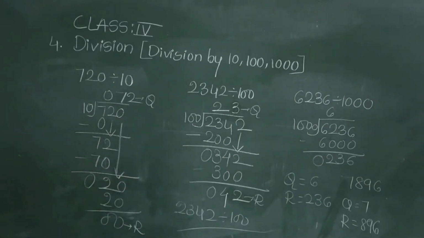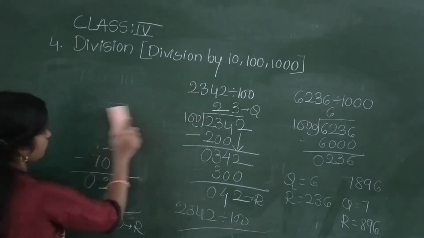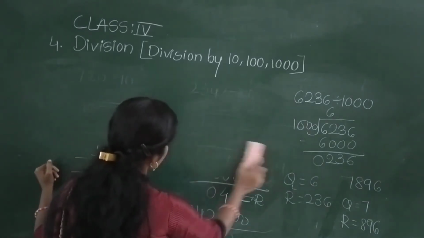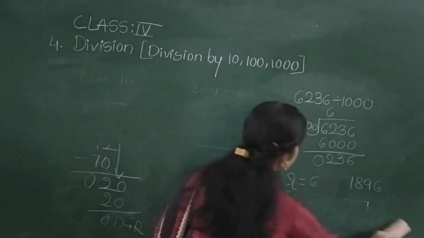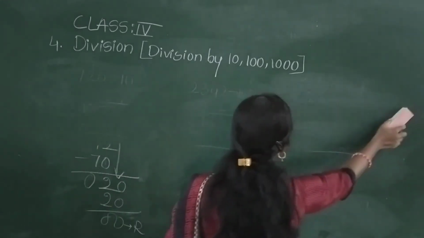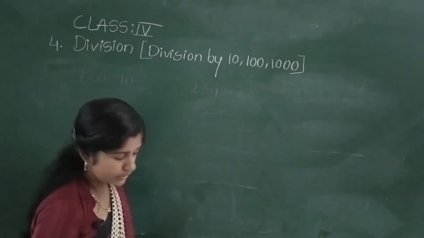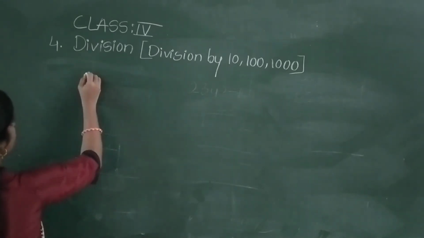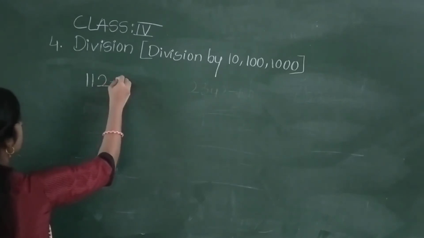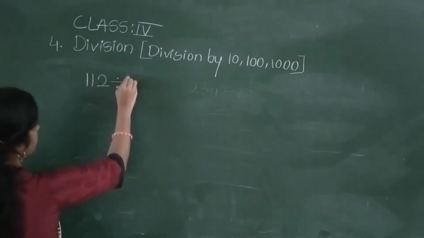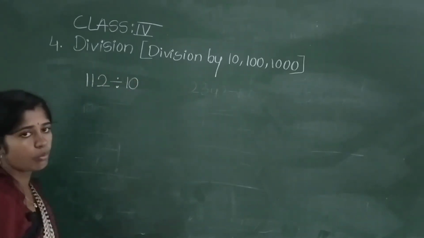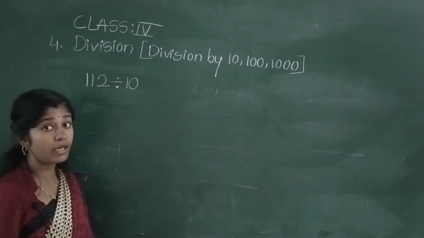Okay, so let us take a few more examples from your My Practice Time 1. So just see, I will take one more example, and that is 112 divided by 10. Then tell me directly what will be the quotient and what will be the remainder.